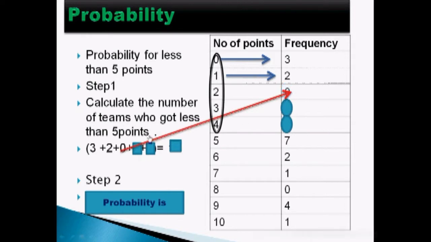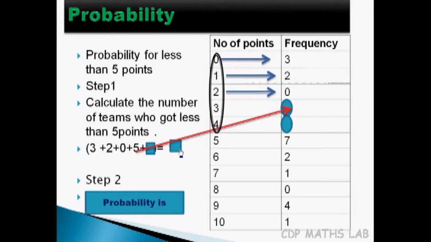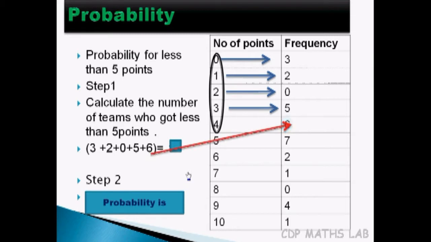Then the 0 is representing the number of teams that did not get 2 points. And the 5 represents the number of teams that got 3 points. And the 6 now represents the number of teams that got 4 points.